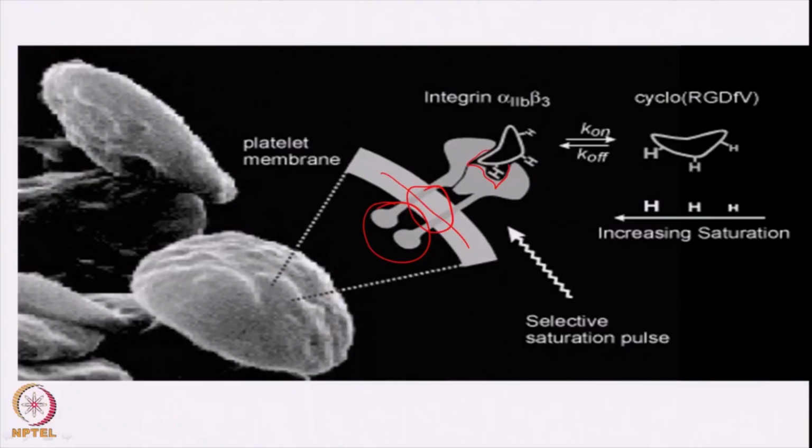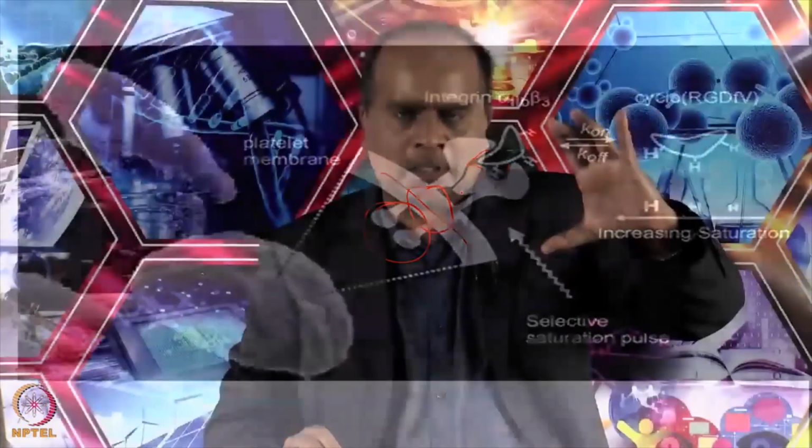Now here we are going to use the same concept: selective saturation of protons on the protein side, here the receptor side. We are selectively saturating the signal on the protein or receptor side and looking at the effect of that saturation on the ligand.